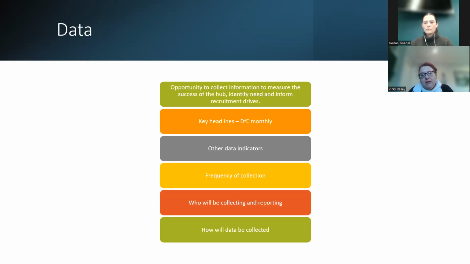But we'll also be gaining information about the type of foster carers that are coming through, where we're recruiting well, where we need more particular groups of foster carers, and we can use that to inform our recruitment drives. But we'll also have information about what's successful in terms of our recruitment campaigns as well. And that will allow us to tweak and target our recruitment campaigns accordingly.